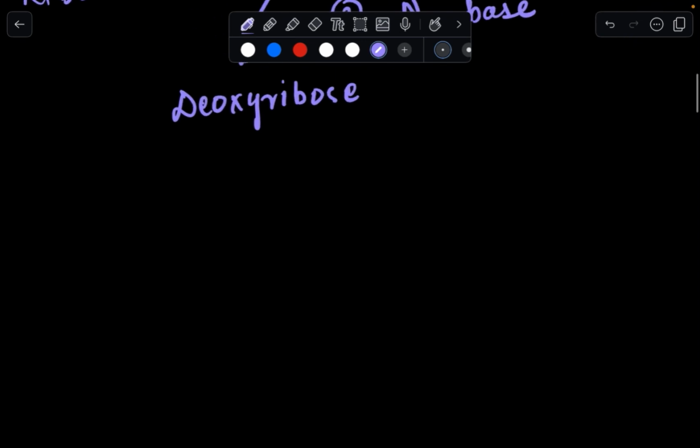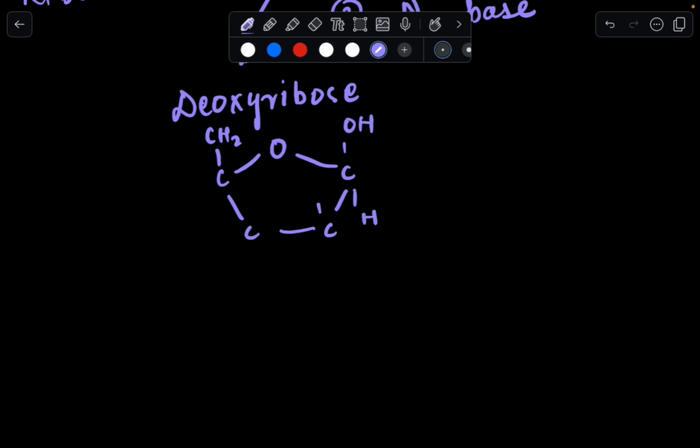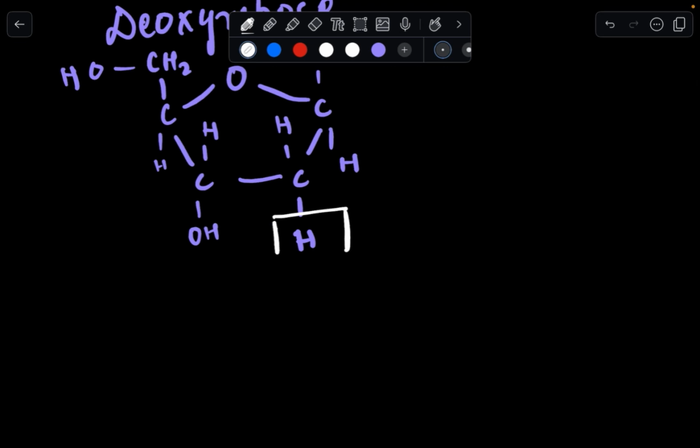So these are carbon, carbon, carbon, carbon, carbon, and here is CH2. Here we have OH, H, H, H, OH, H, OH, and here we would have H and there OH. This is deoxyribose. Why? Because it does not have oxygen on the second position of carbon. This is first, second, third, fourth, and fifth.